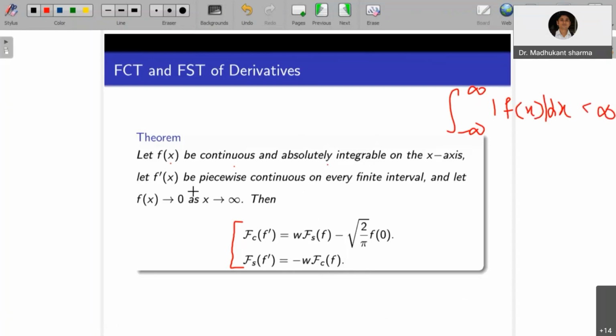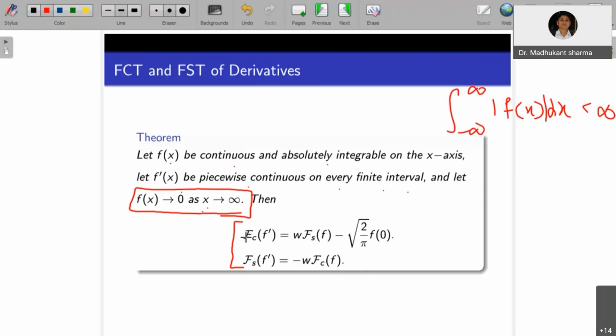Secondly, f dash be piecewise continuous on every finite interval, and this is very important, that limit x tends to infinity, f of x tends to 0.